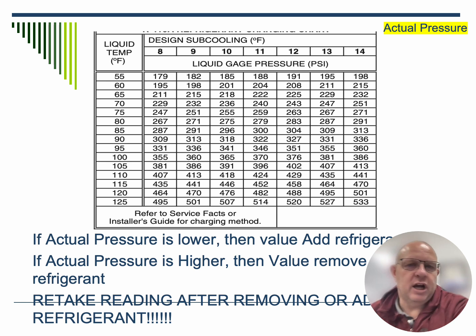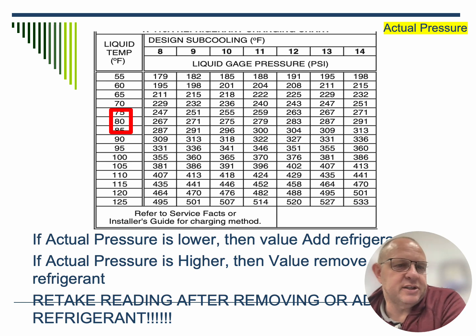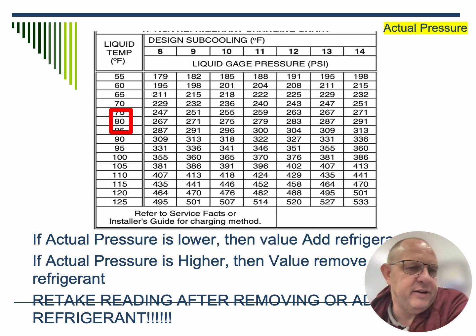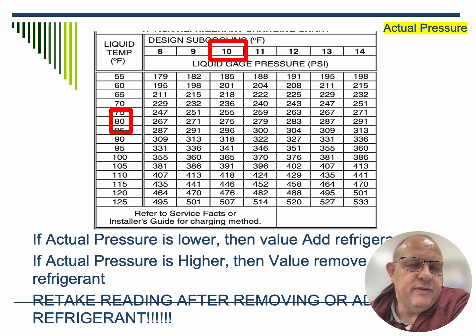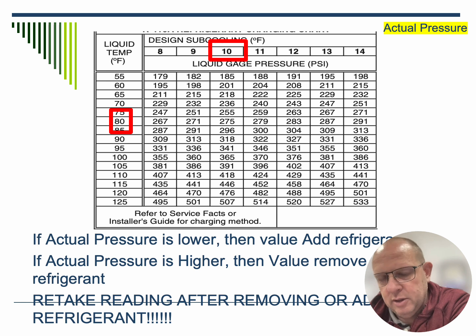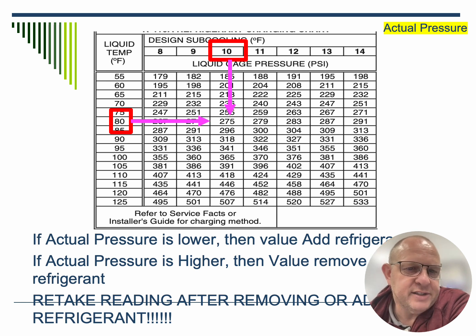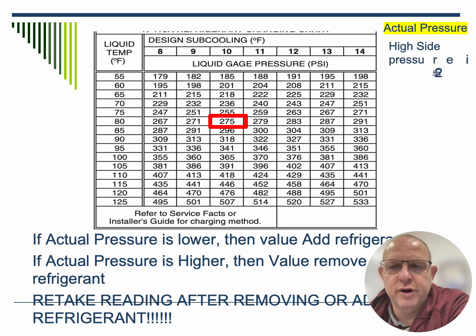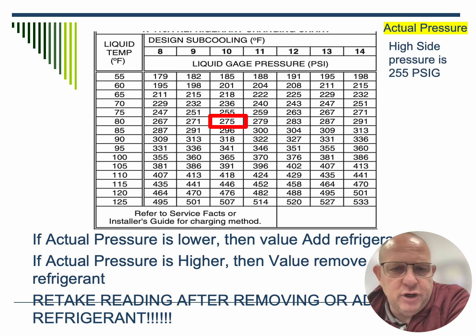So we'll go through a couple of scenarios on this system. We took a liquid line temperature and found out it was 80 degrees. We found out our design subcooling was 10 based off the subcooling that our system was calling for. Our PSI on our high side should be running somewhere around 275. When we took the actual pressure of the high side, we found out it was 255.